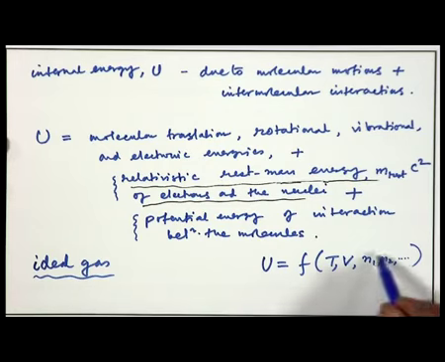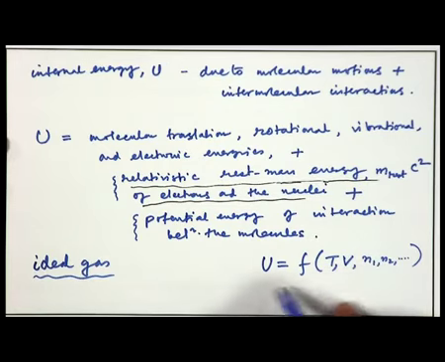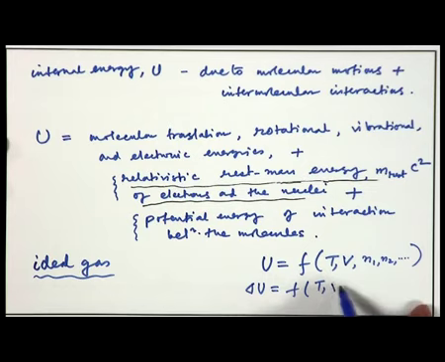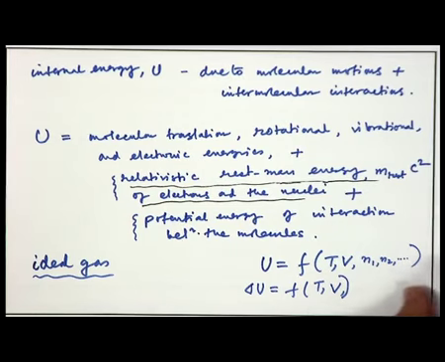If you want to get the difference between two states, then u is a function of the volume, and if we talk about a closed system, then there will be no change in this number. So, we can just write u as a function of temperature and pressure, or temperature and volume.